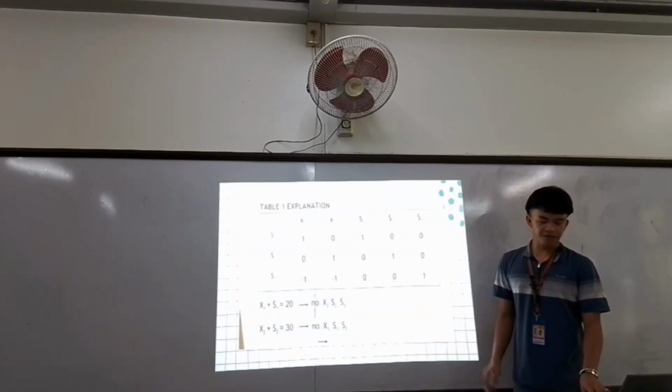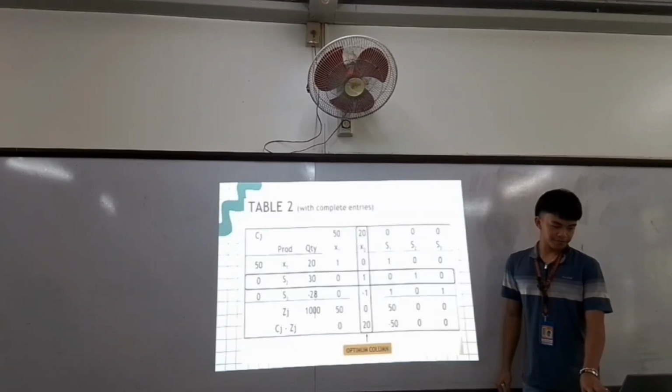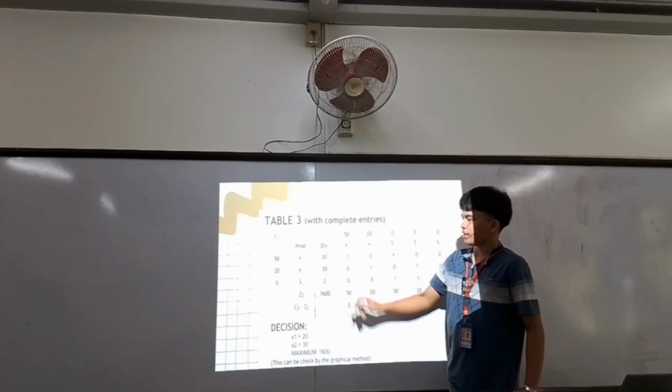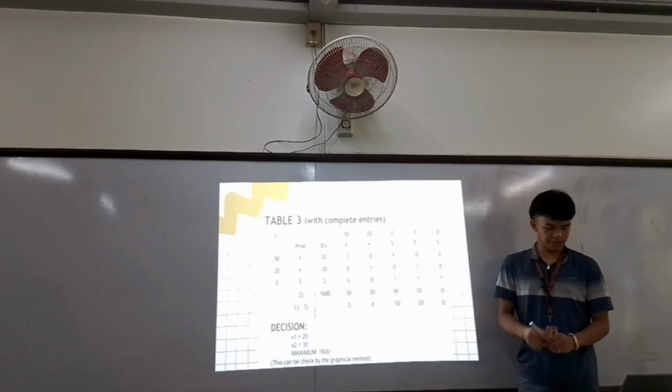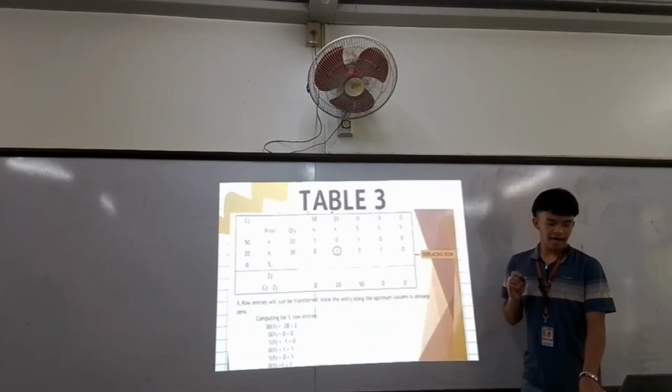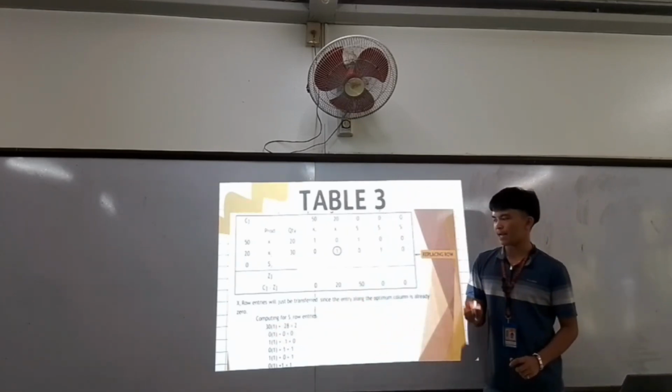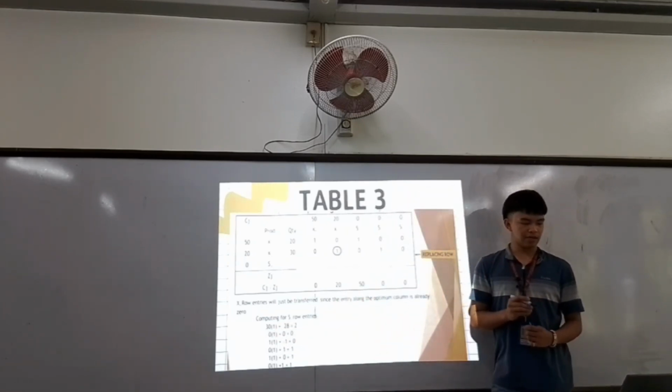And after we construct it, now we have 20, 30, and 2, since we also construct the S3 column by 30 multiplied by 1 plus negative 28 is equal to 2.